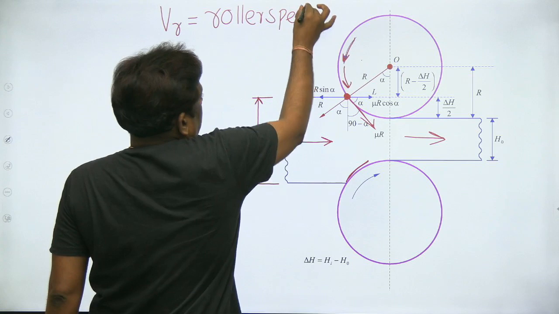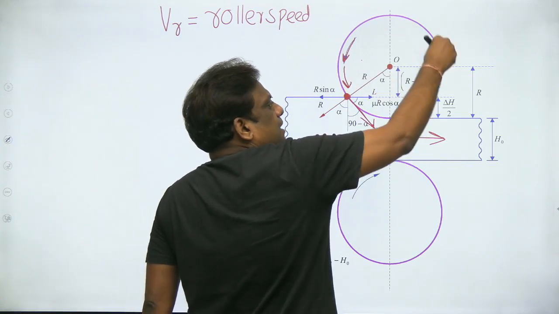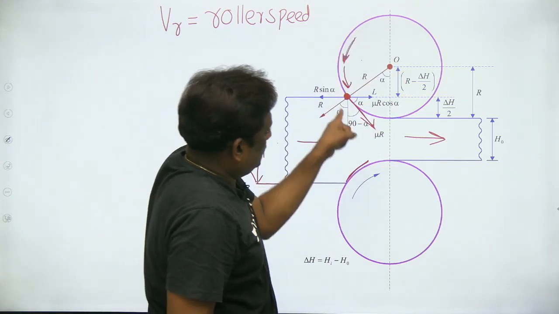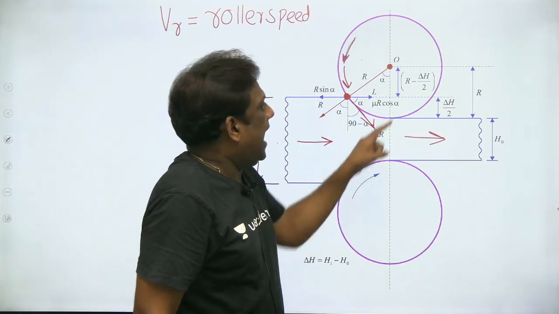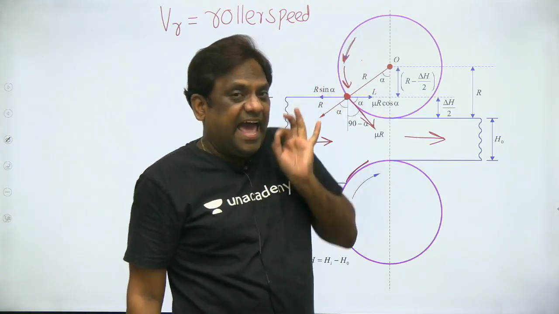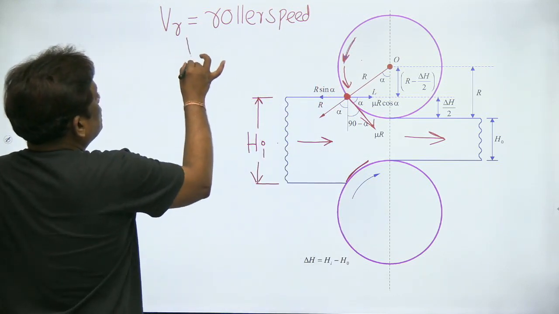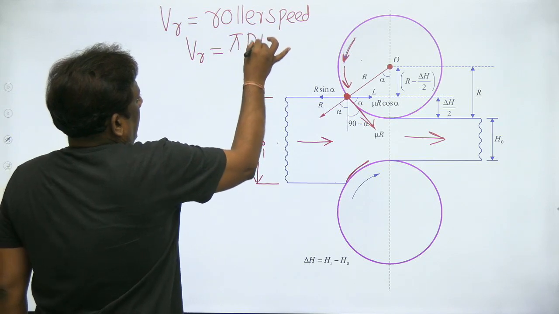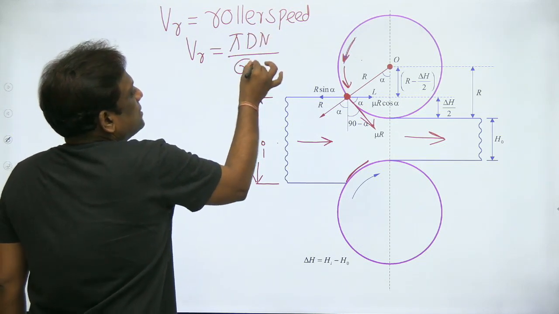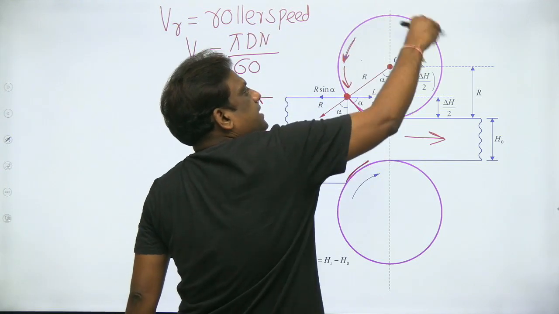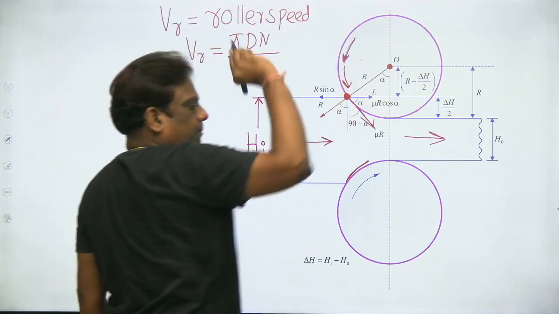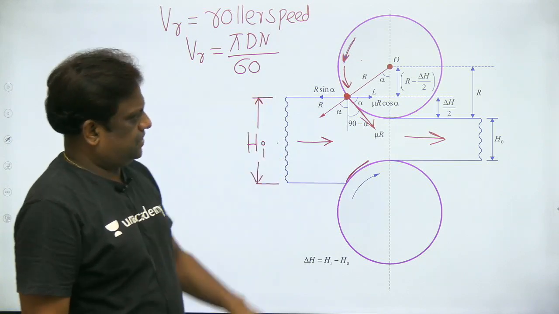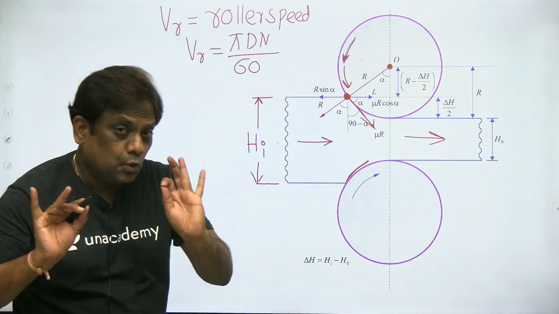Let VR be the roller speed. My dear students, if the diameter of the roller is d and if it is rotating at speed n, then the roller speed is given by pi dn by 60. This is the roller speed, which is rotating at a constant speed, pi dn by 60, or r omega. VR is the roller speed. Listen carefully.